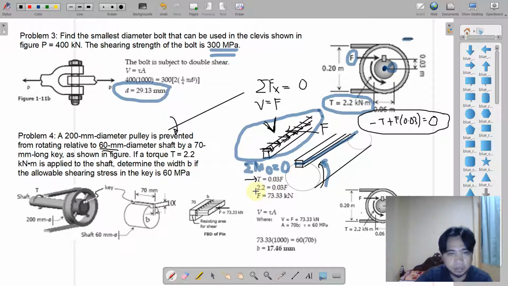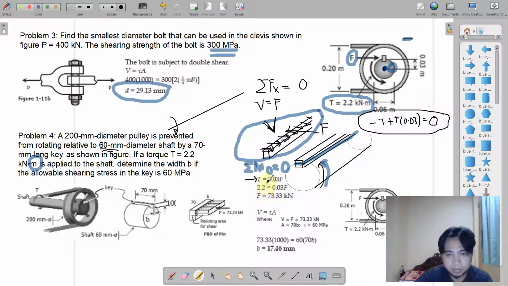Now substituting the values, 2.2 kilonewton meter. So note here that the distance is in terms of meters. So for the meantime, do not bother yourself on kilonewton, because on the equation, the distances must be consistent first, because it is present on both left and right of the equation.